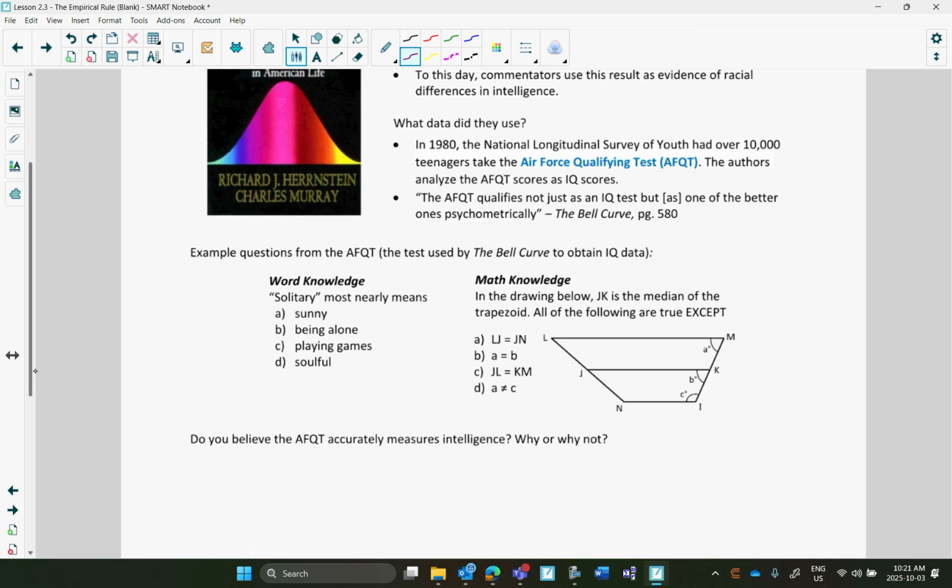One could argue, are these really measuring intelligence? Especially this one. Would this come naturally in your natural reasoning growth? No, you would learn this in school. So it would be prior knowledge.